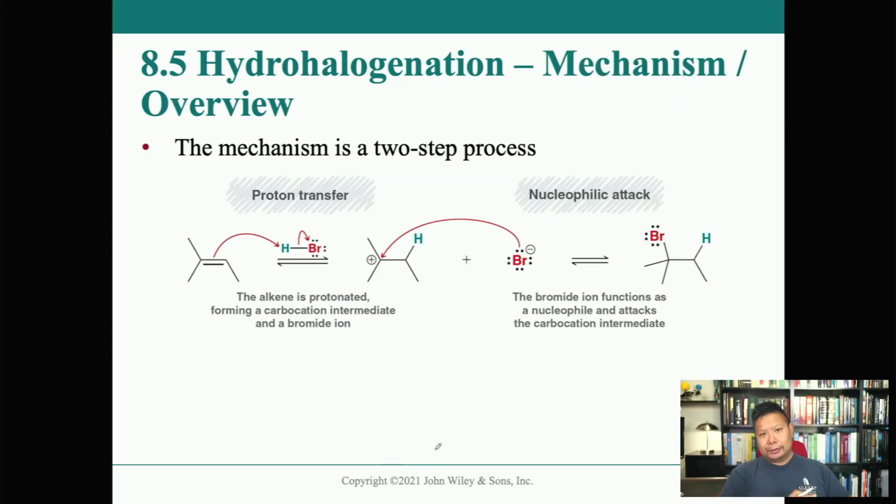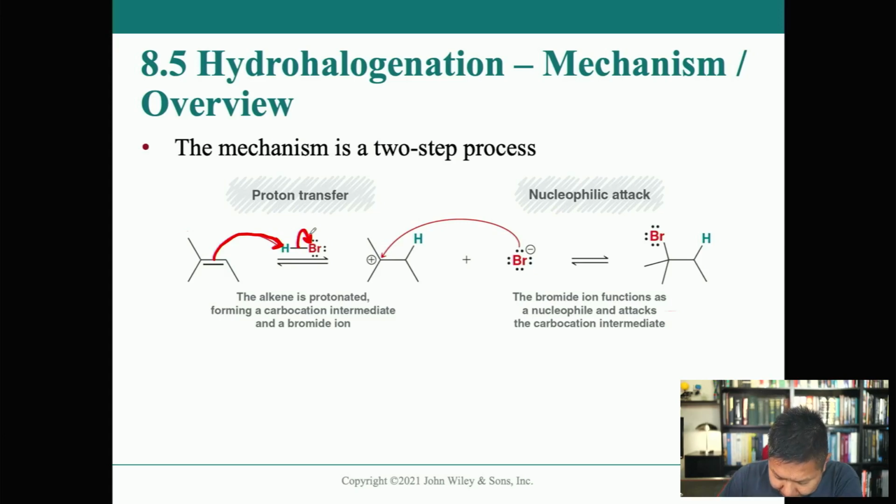So let's go through real quickly again. I already went through the mechanism with you on the previous slide, but we'll do it again because I don't know about you, but the more practice I get, the better. So the mechanism is 2 steps in the hydrohalogenation. The double bond comes over, pulls off the proton, and then the bromine receives those extra electrons.